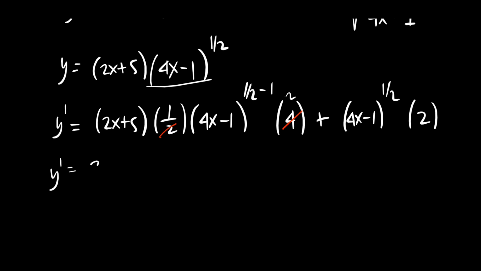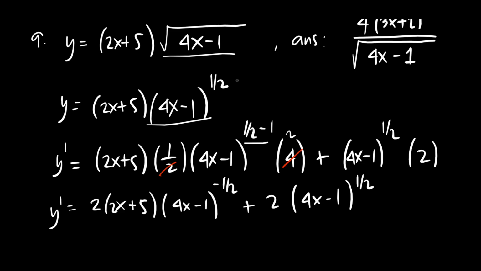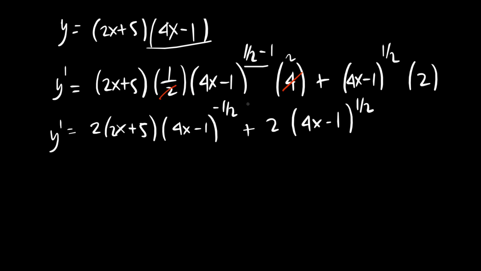So 2 multiplied by 2x plus 5, multiplied by 4x minus 1 raised to 1 half minus 1, so negative 1 half, plus 2 multiplied by 4x minus 1 raised to the power of 1 half. So it is a power multiplication rule in derivatives.